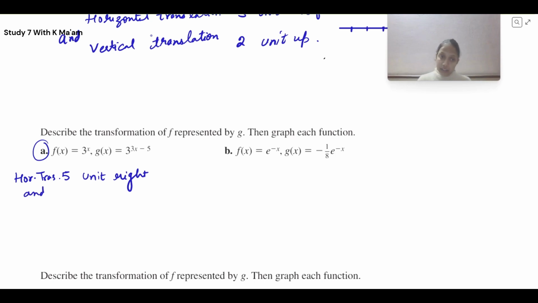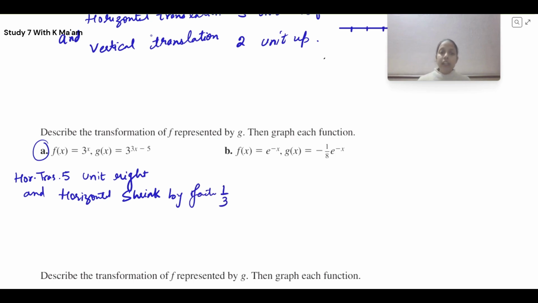And is it a horizontal shrink or vertical shrink? Horizontal shrink, because it's multiplied with x. Horizontal shrink by what factor? By factor 1 over 3.